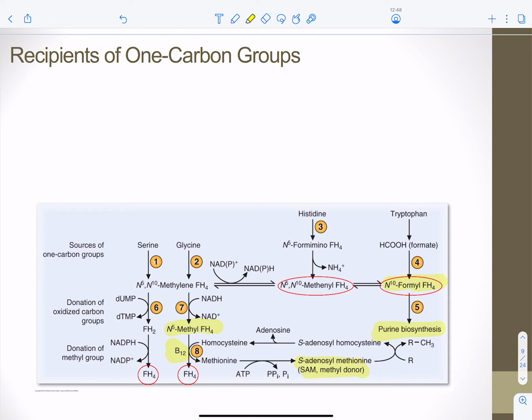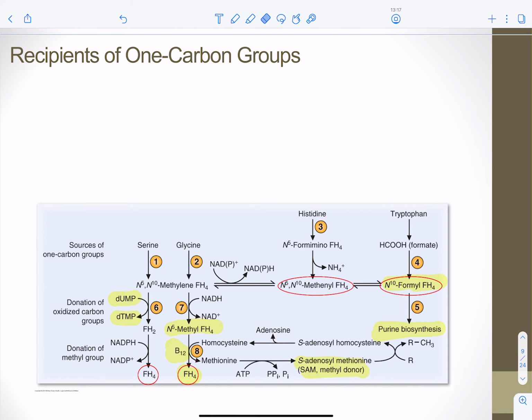And remember, we said that the N5 methyl tetrahydrofolate is difficult to reoxidize, but this is one way that you can get transfer of that carbon, and it regenerates tetrahydrofolate. You also have the deoxythymidine monophosphate, dTMP, which is produced by deoxyuridine monophosphate, dUMP.